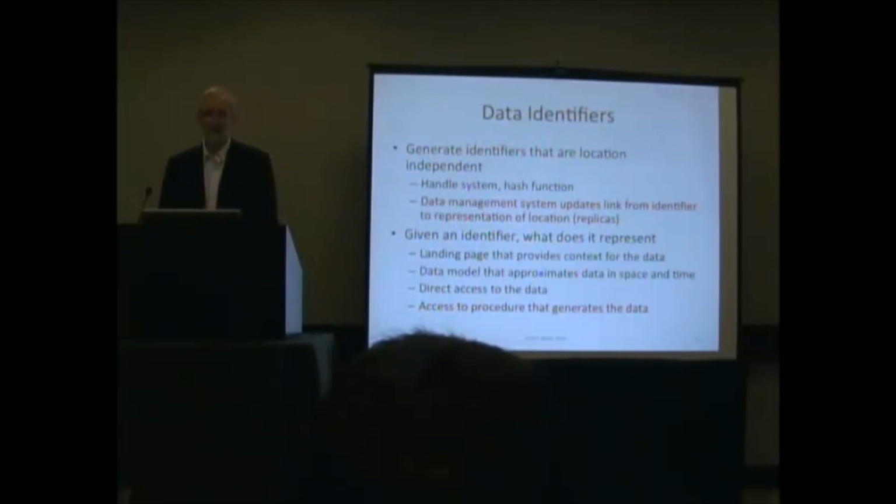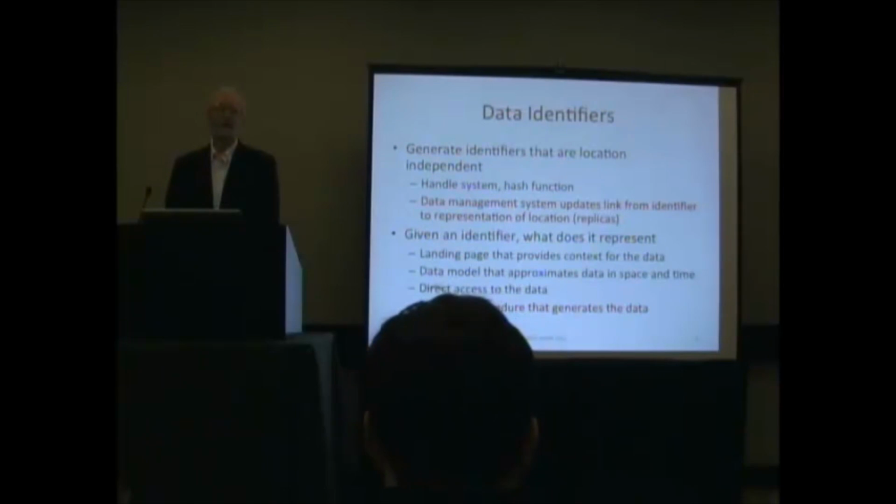Another set of topics that we went through were on data identifiers, and we recognize that unless we can identify the objects we have in our collection that we're providing to users, nobody will be able to either know what they are or be able to discover them. And the challenge is that I can't just use a URL because that links the data to a location. I need some location-independent mechanism that's automatically updated when I move the data around.